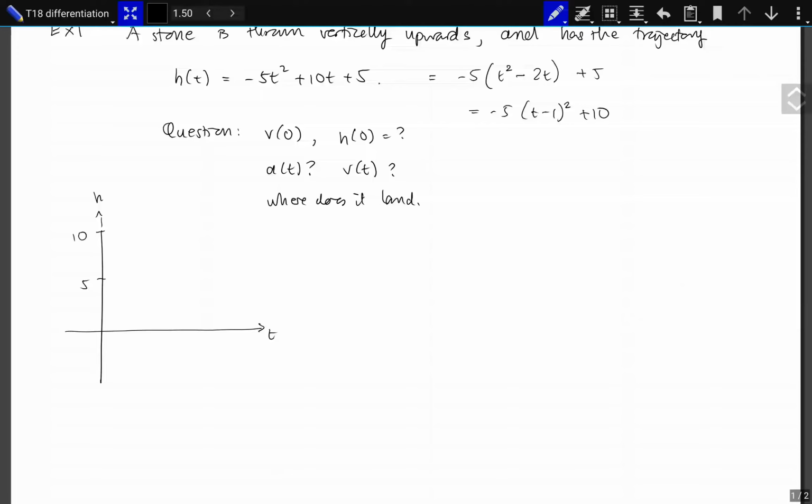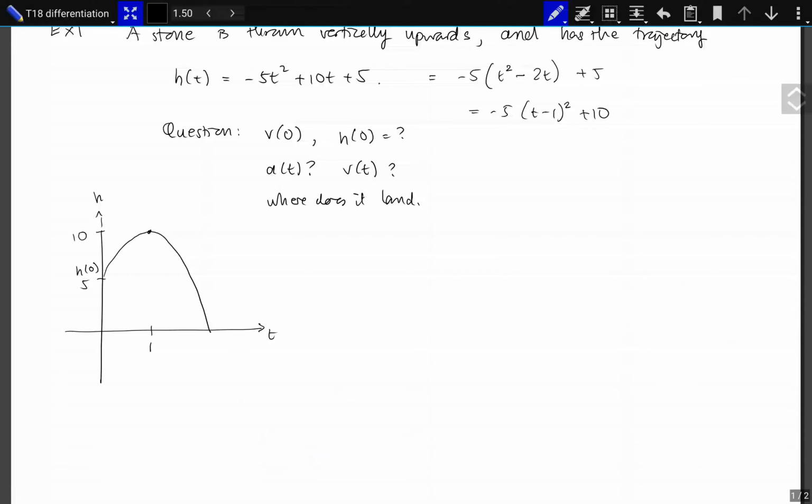The quadratic looks at time 1, it hits its maximum, and you could also find the roots. It's going to look something like this. If you plug in t equals 0, you get 5. So here is h0.